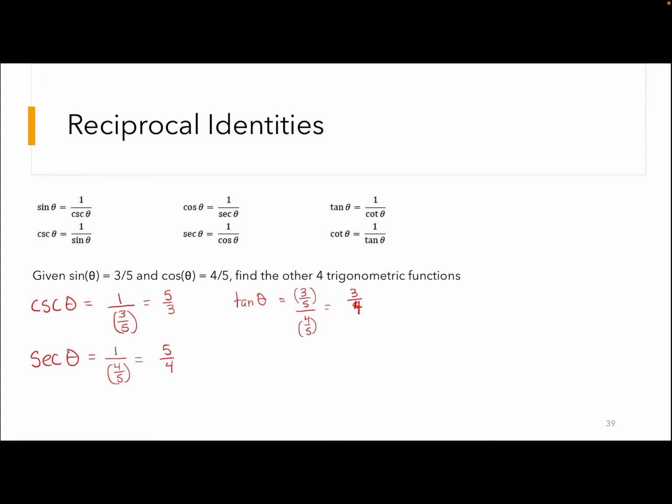And so cotangent theta is going to be the reciprocal of that, or we can just say it is cosine divided by sine, that should be 4/5 divided by 3/5, which is 4/3.